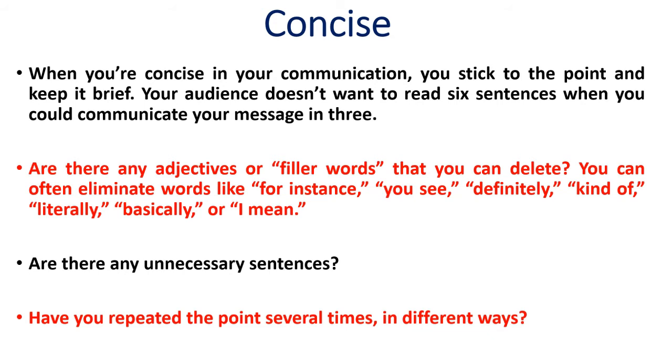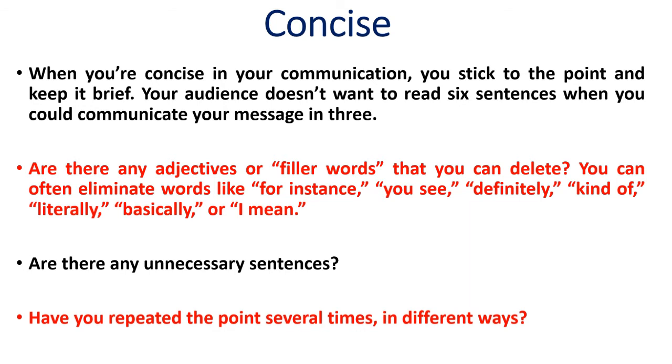When you are concise in your communication, you stick to the point and keep it brief. Your audience does not want to read 6 sentences when you could communicate your message in 3. It means that successful communication is not long communication, but it should be to the point. Are there any adjectives or filler words that you can delete?